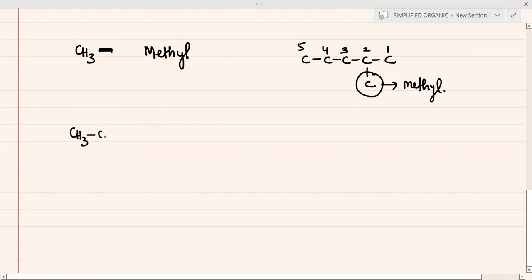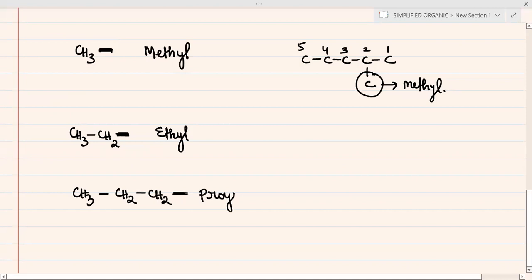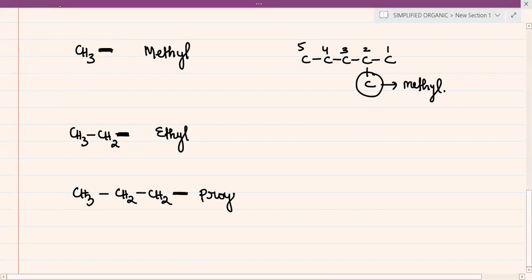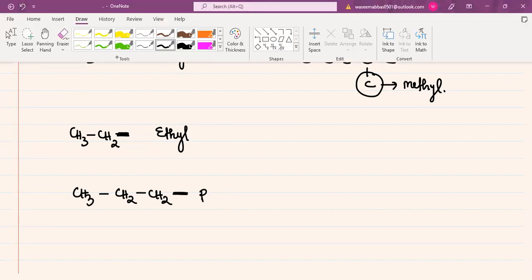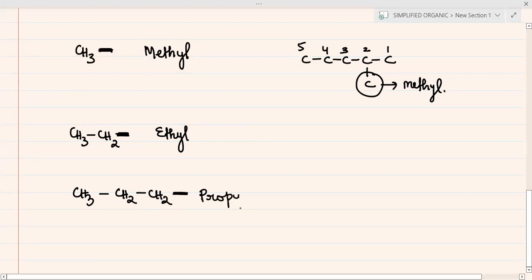Now, if I go on increasing the number of carbons, if I take two carbons, it is called ethyl. If you increase one more carbon, this is called propyl, the propyl branch.